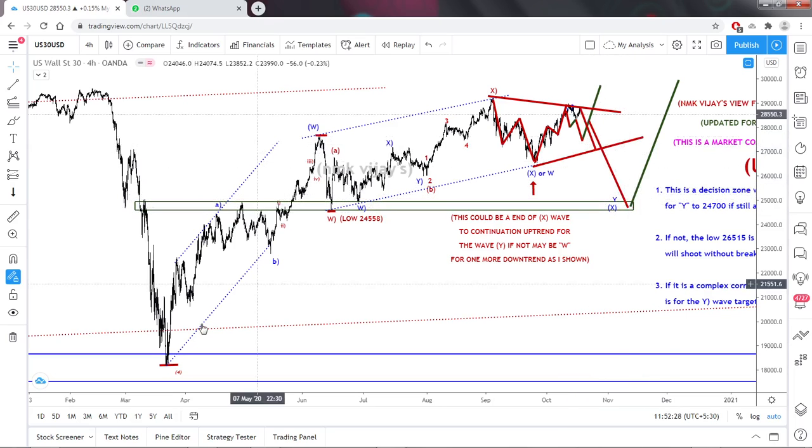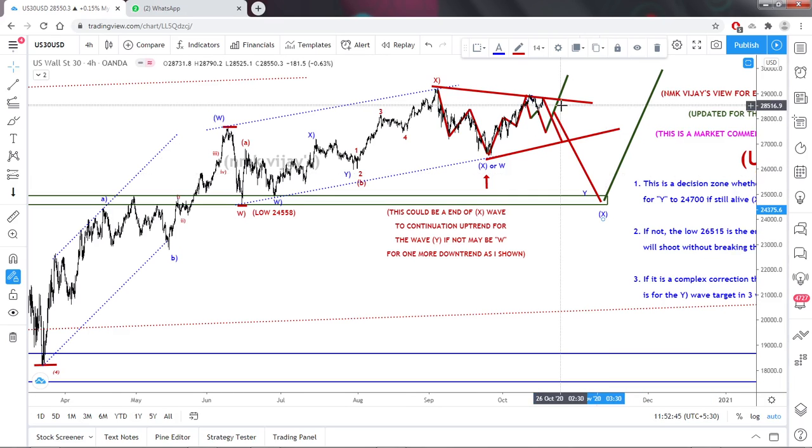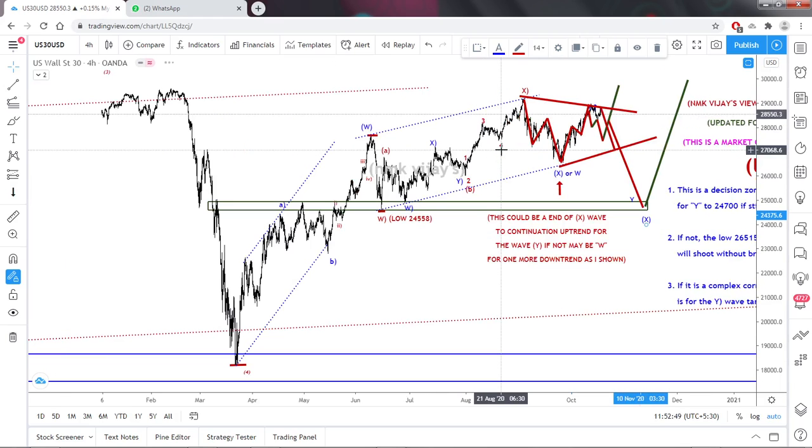So at that time A, B, C is a W. So the whole thing becomes an X as an expanded flat. If it breaks this, that will become expanded. If it doesn't break, that will still be a running flat, and again one more ABC to the upper side is also possible. So in this zone we have to watch. There is no trade for me as a swing or positional trader.